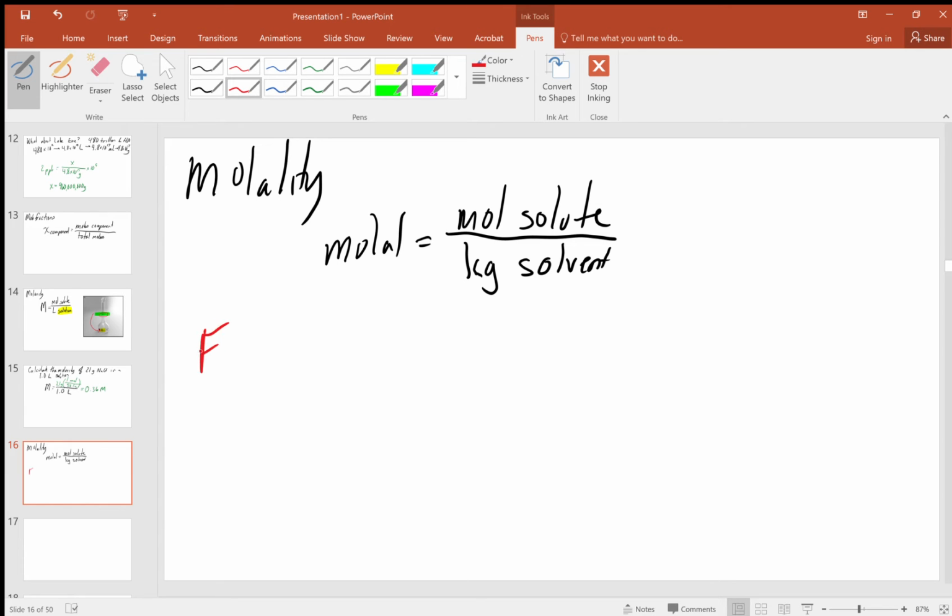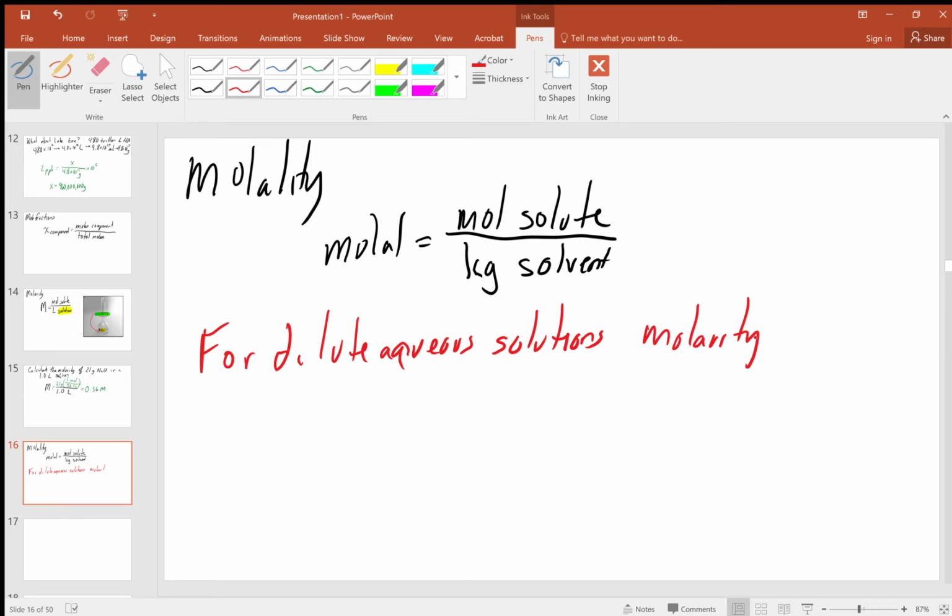Well, first of all, for dilute solutions, specifically dilute aqueous solutions, molarity and molality are usually extremely similar, if not equal. But what happens as we change temperature?